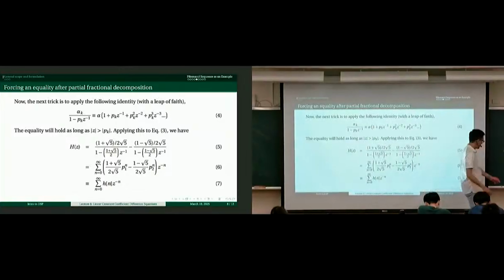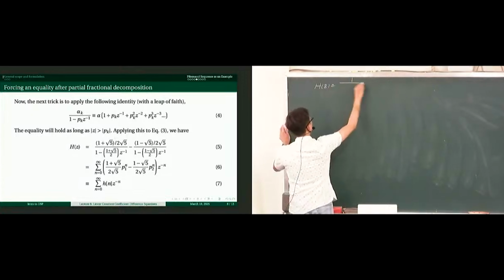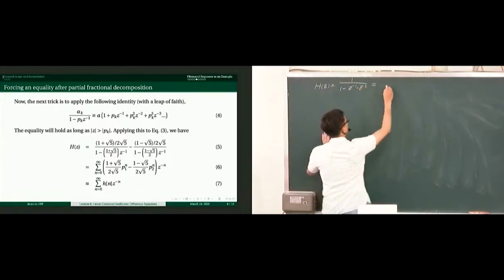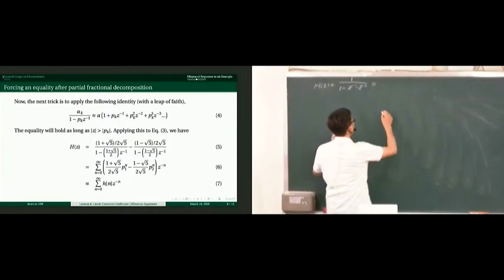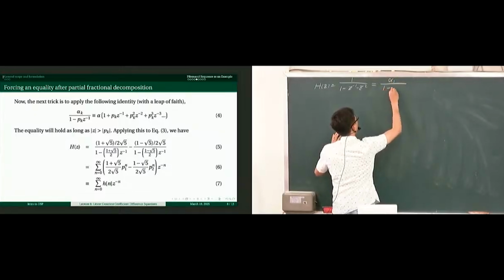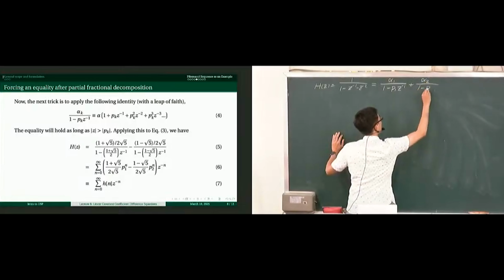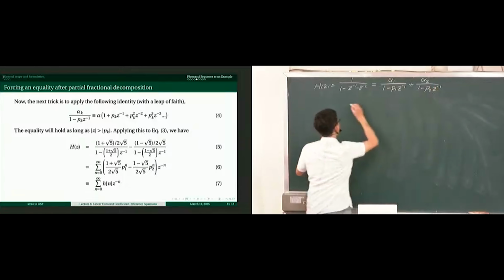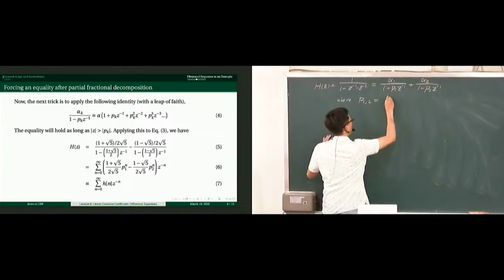We have a system function B(z) divided by A(z), which we can write with partial fraction decomposition as alpha 1 divided by (1 minus p1 z inverse) plus alpha 2 divided by (1 minus p2 z inverse), where p1, p2 is (1 plus or minus square root of 5) divided by 2.